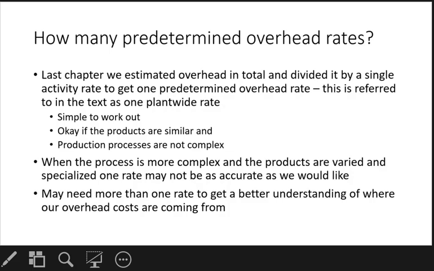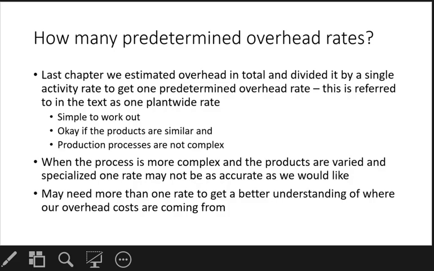And this will be fine as long as your products are similar. Okay, if you make bicycles or different types of bicycles, maybe there's no need to have more than one predetermined overhead rate. The production process is relatively simple. It's not complex. The products are similar, which means they don't use different levels of resources.